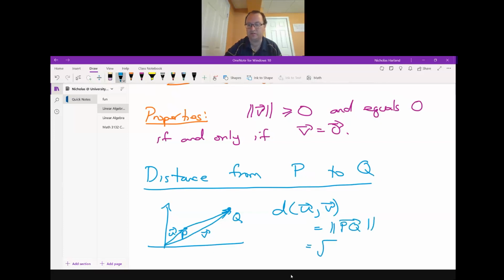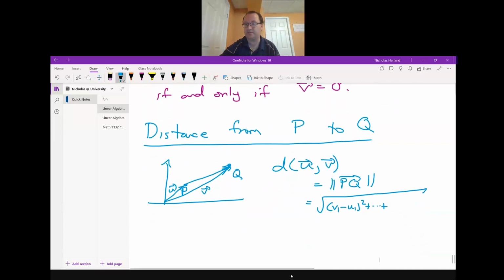In other words, V1 minus U1 squared, all the way up the line. So this is something called the distance formula. You might have seen it with points somewhere in high school. But this is a consequence of some of this length stuff, which is a consequence of the Pythagorean theorem. And so we can find the distance between any 2 points looking at these kind of ideas here.